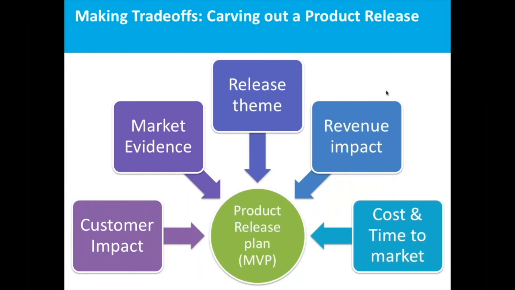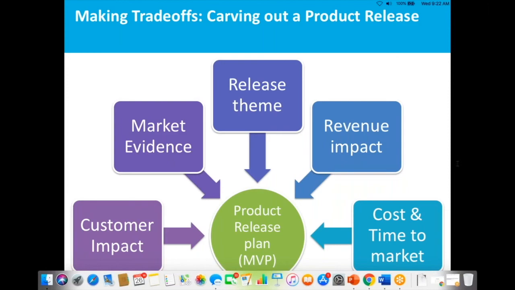And cost is not just the pure dollars. Cost also is how much effort it takes, and how much time it takes to actually take it to the market. So once you take these 5 elements, you will be able to carve out a product release plan and MVP. But now Ganesh will take it to an even deeper level to show you step by step how that can be done. Pause here and see if there are any questions.